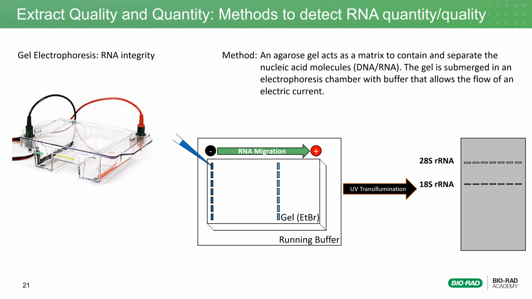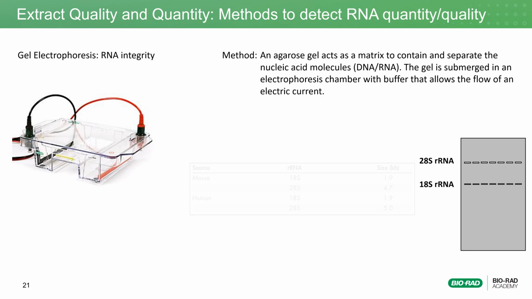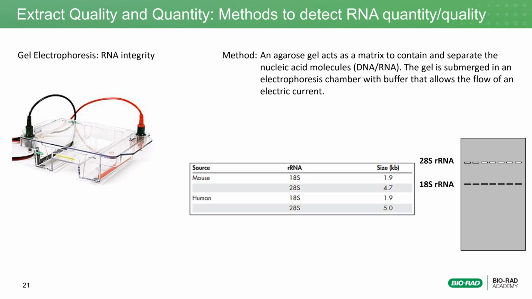Because 28S rRNA is roughly twice the size of 18S rRNA, a scientist would expect the ratio of intensity of 28S to 18S rRNA to be around 2. Deviation in this intensity ratio is suggestive of RNA degradation. Furthermore, the absence of these bands indicates little to no RNA present.